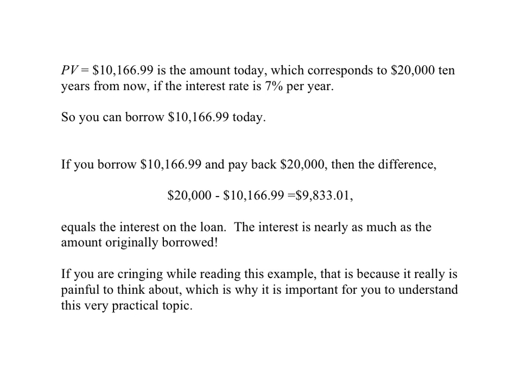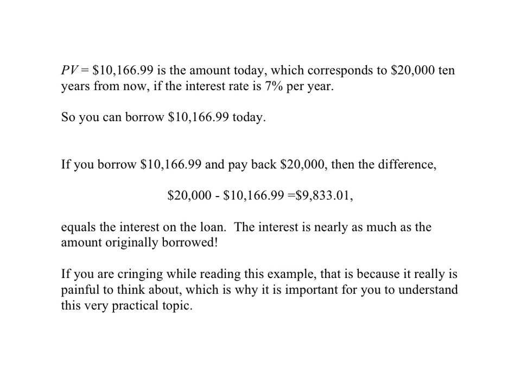Another way to say it is that $10,166.99 is the amount today, which corresponds to $20,000 10 years from now, if the growth rate is 7% every year. If your debt grows by a factor of 1.07 every year for 10 years.